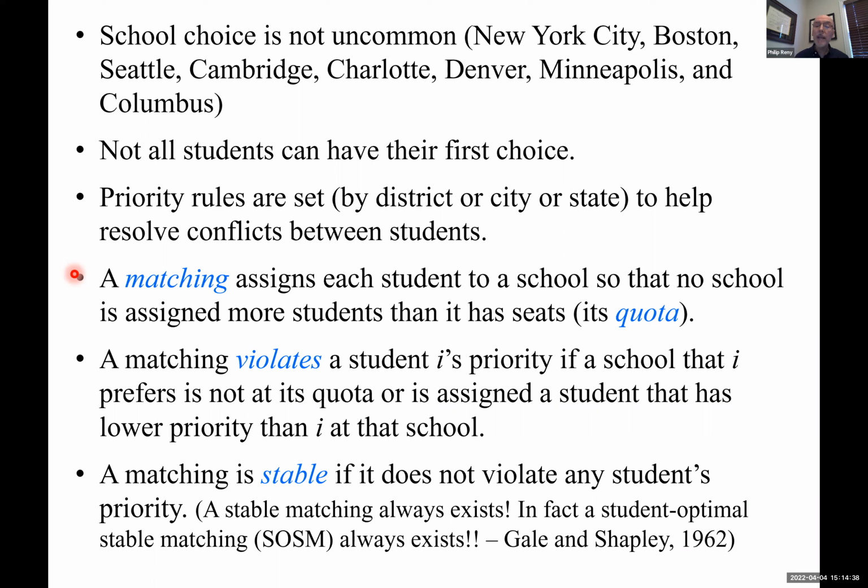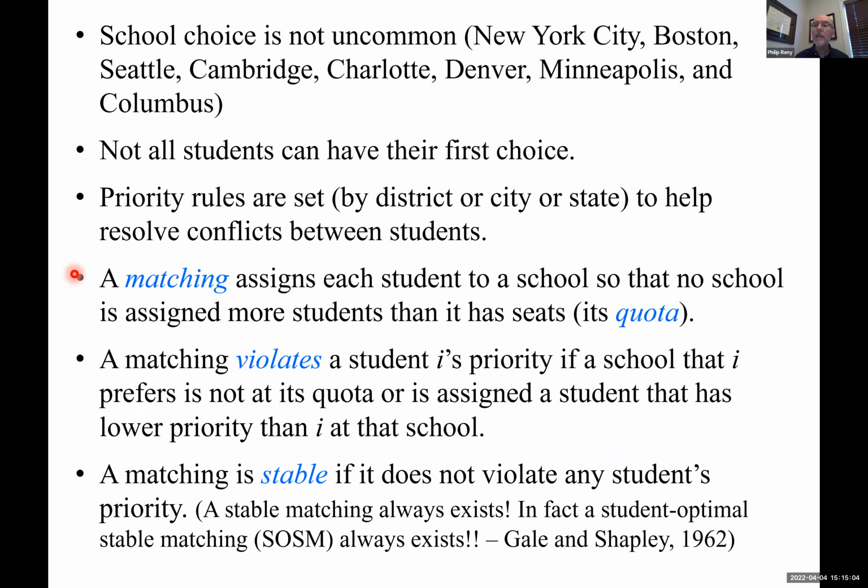But here the analogy would be that the women have priority rankings over the men, and the men have preferences over the women. To say that a man's priority is violated in a matching, what does it mean? It means that there's a woman that he prefers who ranks him higher and she's unmarried, unmatched, so that would violate.